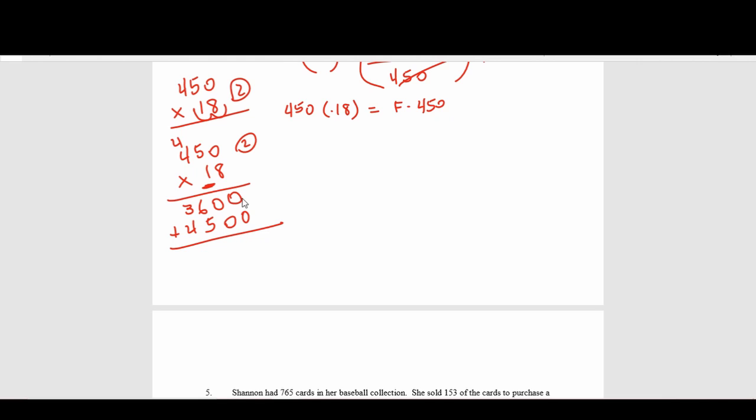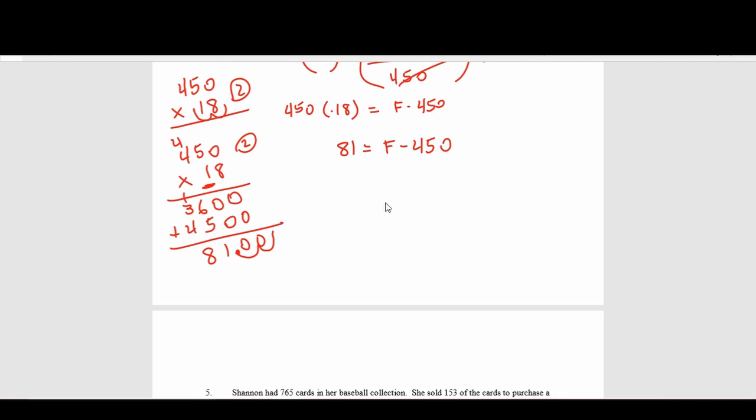Let's add. 0 plus 0 is 0, 0 plus 0 is 0. 6 plus 5 is 11, carry the 1. 4 plus 3 is 7, plus 1 is 8. Shift our 2 decimal places back in. 1, 2. So 450 times 0.18, as we can see right here, is going to be 81.